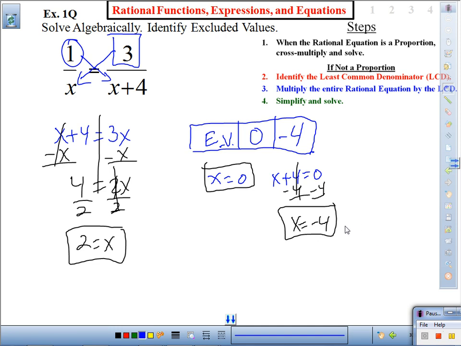All right, check your work. If you got x equals 2, and excluded values 0 and negative 4. Yes? Tell me how comfortable you are with these. Okay, do another one. Here we go.